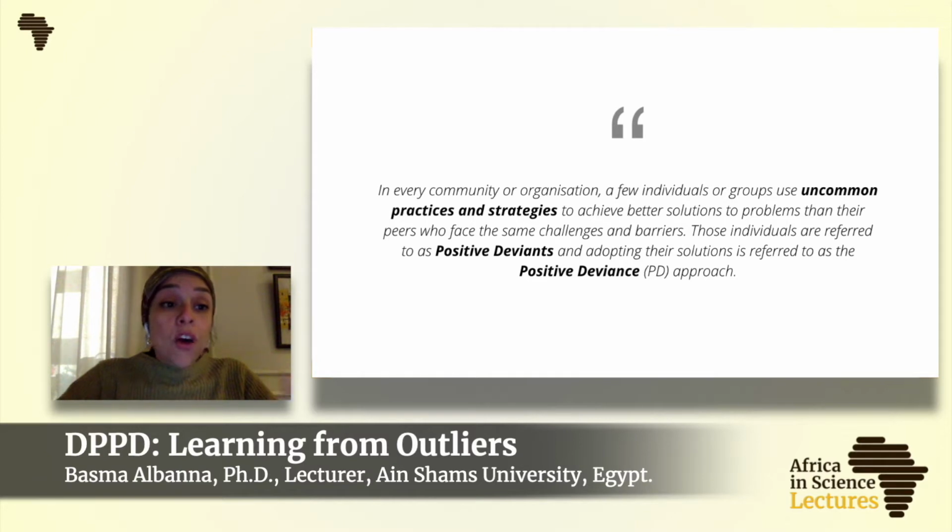It is based on the observation that in every community or organization, a few individuals or groups use uncommon practices and strategies to achieve better outcomes than their peers who are facing the same challenges and barriers. Those individuals or groups are referred to as positive deviants, and adopting their solutions is referred to as the positive deviance approach.